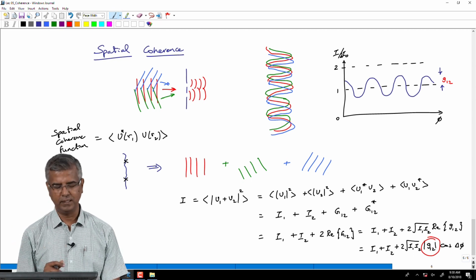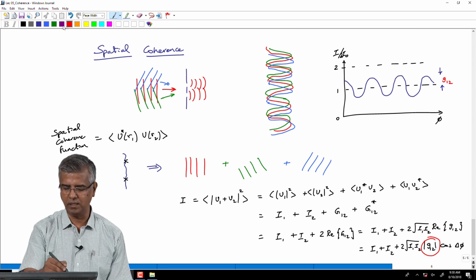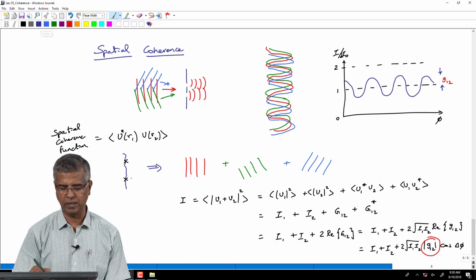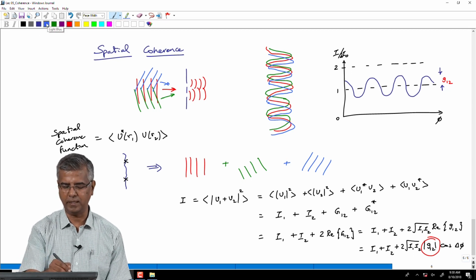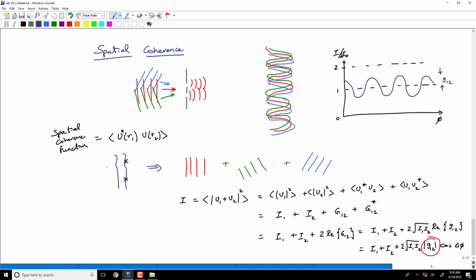One part of that is spatial coherence, which we have defined over here, and the other part is temporal coherence, which is related to the autocorrelation between two wavefronts that are delayed with respect to each other.